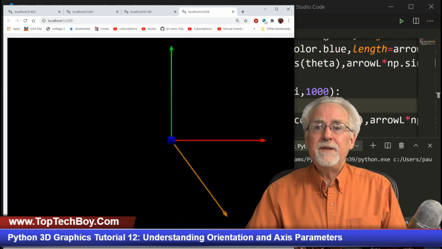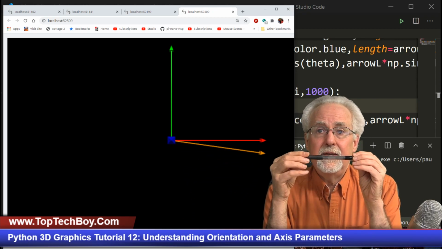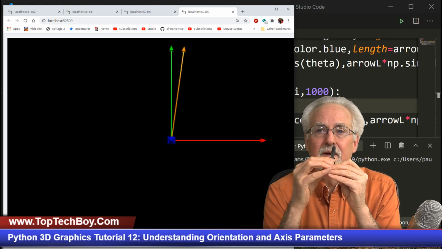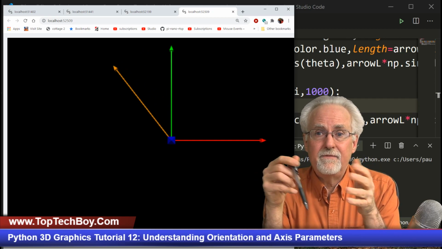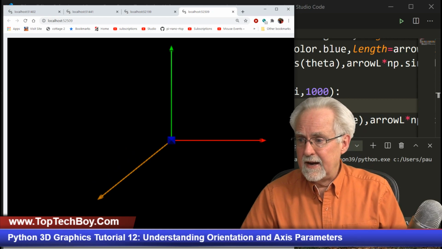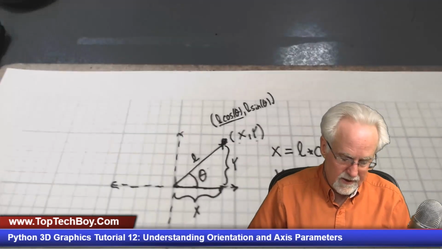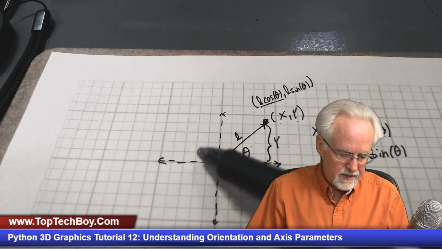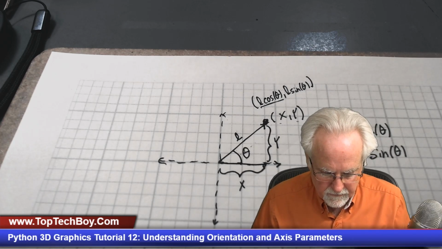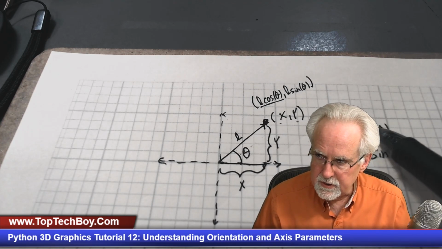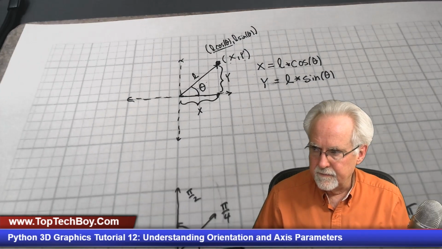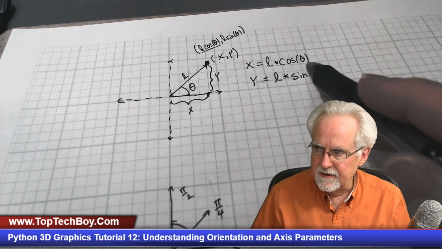Okay, guys, when you're doing orientations, anything besides the very simplest of here or here or here or here, you have to do your sines and your cosines. And I've shown you how to do that. I've shown you that you have some angle, and your x value is the length of your vector times the cosine of the angle.